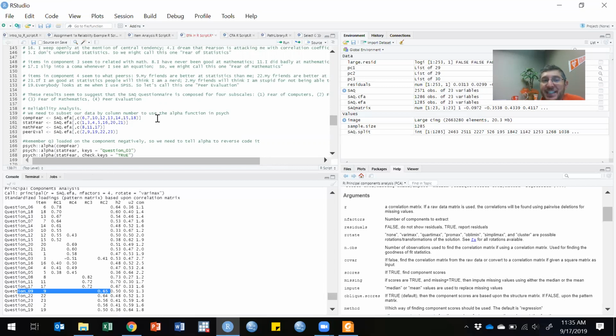It's really easy in this case because our questions are numbered, questions 16, 18, 13, and that also corresponds to the column number. So I can just use that to subset our data. Let's run that.